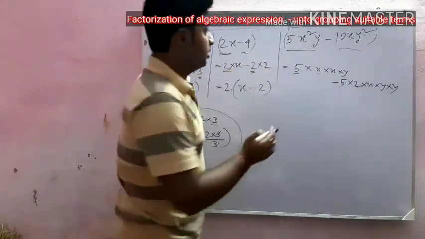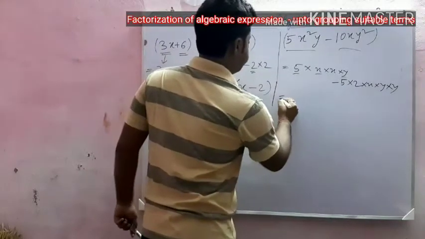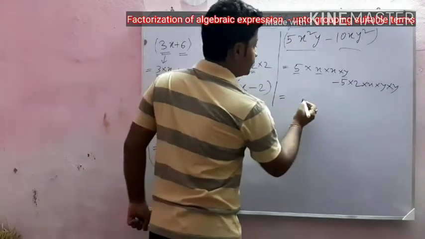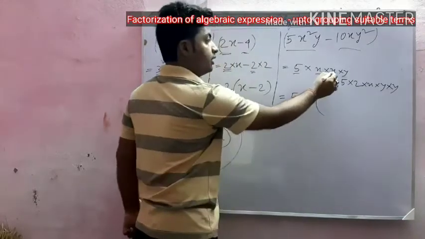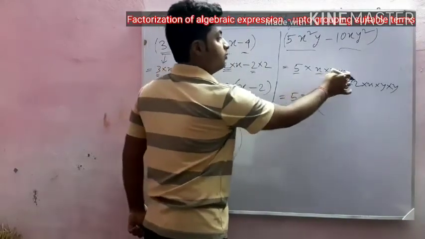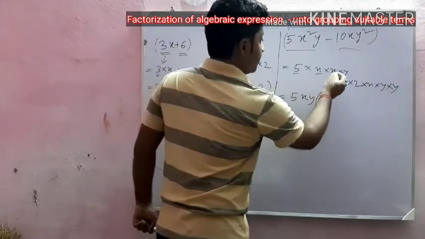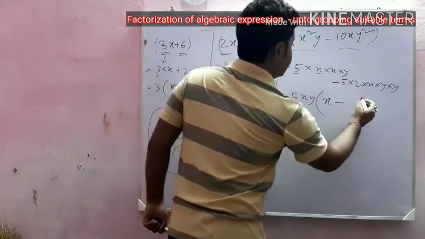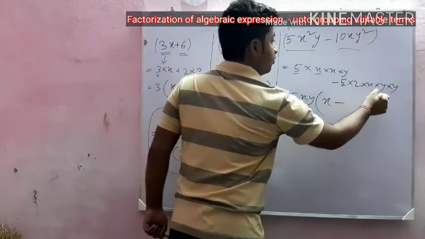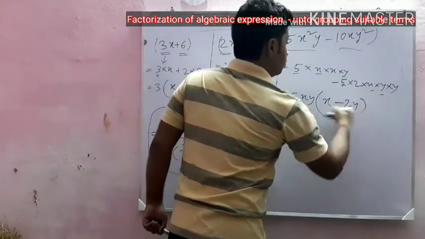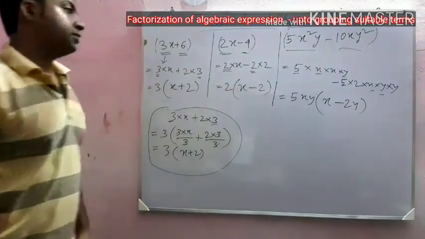And now for this one, the common term is 5xy, and if we take out 5x and y outside, then the remaining part will be x, and here the remaining part will be 5. I have taken 5x and y outside, so there will be 2y in the bracket. Okay.